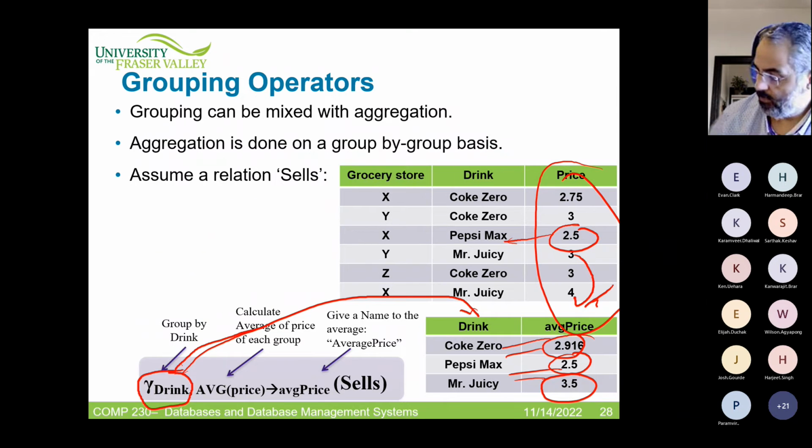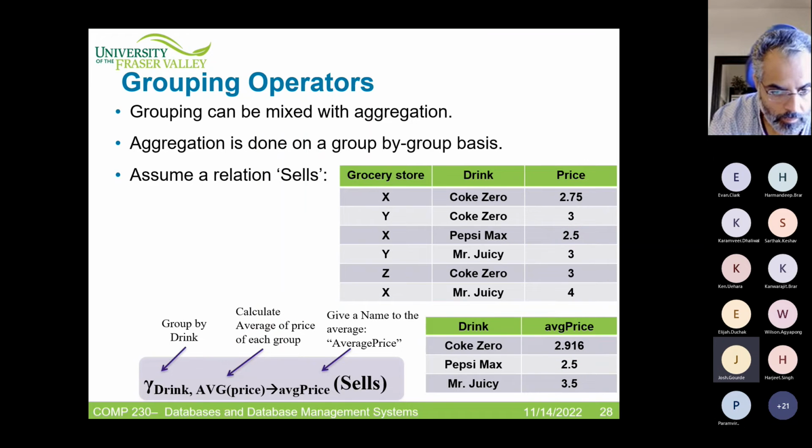Josh, go ahead. I was about to ask, when you're grouping by drink, you're not getting rid of the duplicates. Is it the act of adding the average price that gets rid of duplicates? Yeah, we are not going to get rid of the duplicates because we are dealing with a bag. That's kind of what I'm asking, because you have only one Coke Zero in your output there.